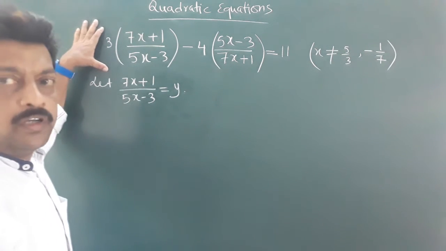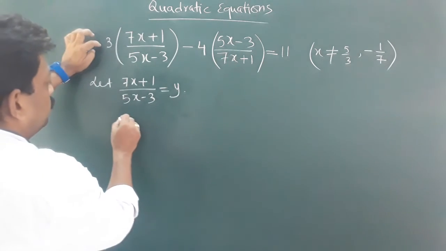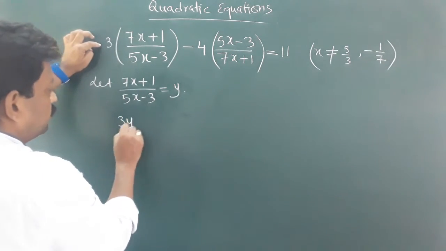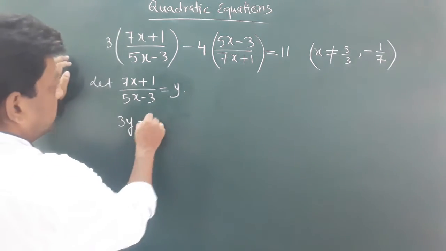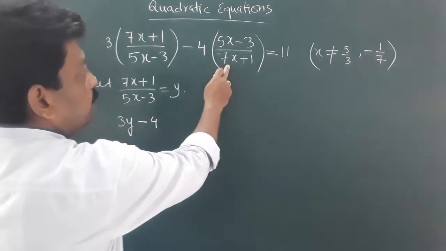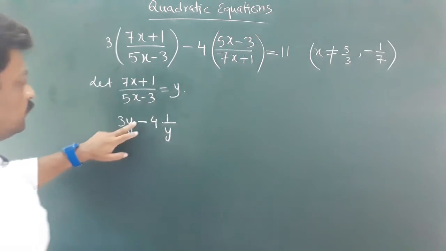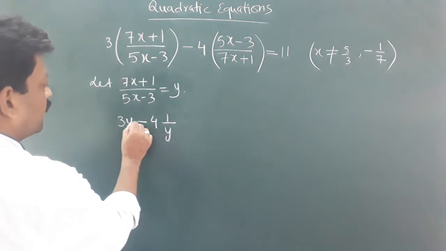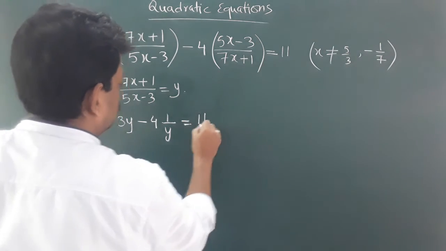So the whole thing will be changed. The given equation will look like this: 3 multiplied with y minus 4 multiplied with 1 upon y, because I have told you it is reciprocal, equals to 11.